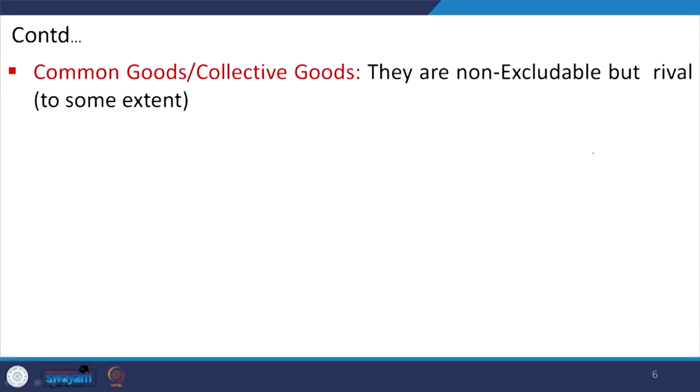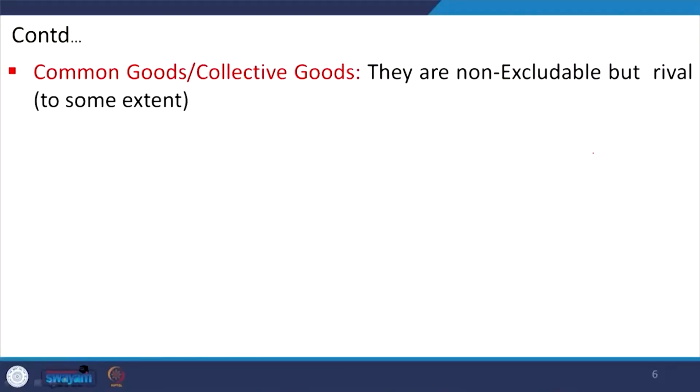And the next category of goods is known as common goods. Sometimes we also call them collective goods. How do we recognize these goods? They can also be identified by taking into account these two terms, excludability and rivalry.